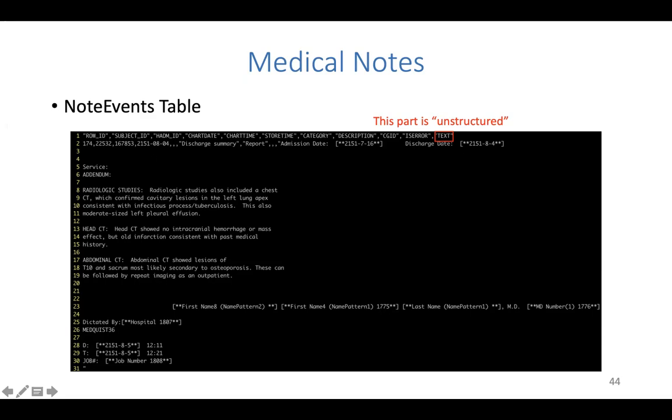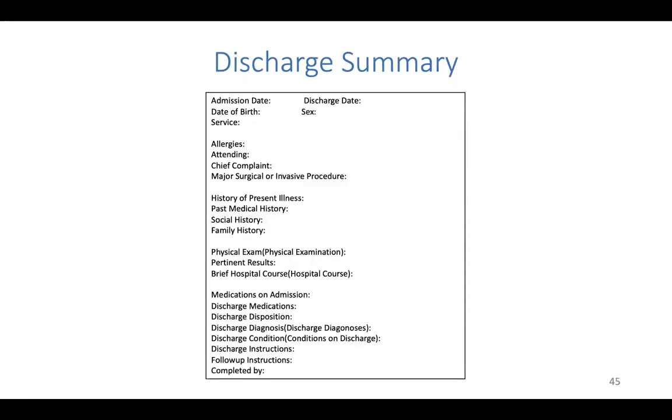Even though it consists of multiple lines, it is encapsulated with double quotation marks, so it's a single value. This single value, this much, is unstructured. That's why we can technically call it unstructured EHR. And obviously, as I said, we'll only take a look at the discharge summary among the 15 categories.